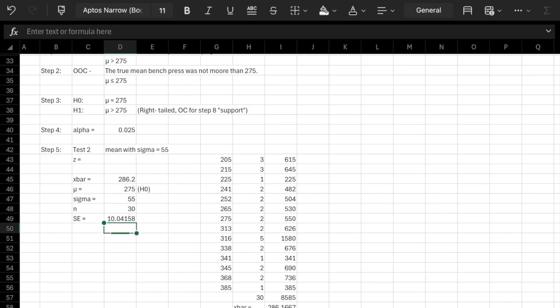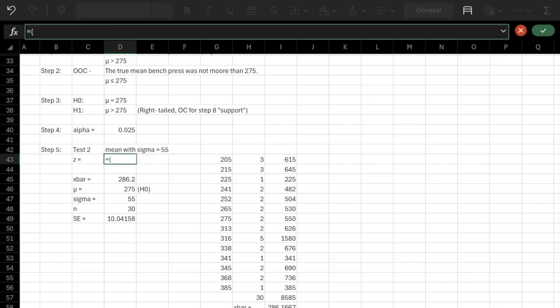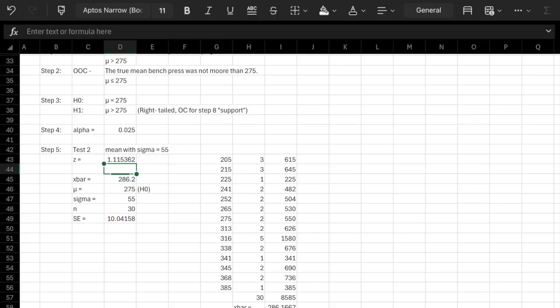That's my standard error. And now I can do my z-score. My z-score is going to be x bar minus mu, close parenthesis, divided by standard error equals 1.11, 1 standard deviation above the mean. So that's where my data lies on this distribution, assuming that what coach said was true.